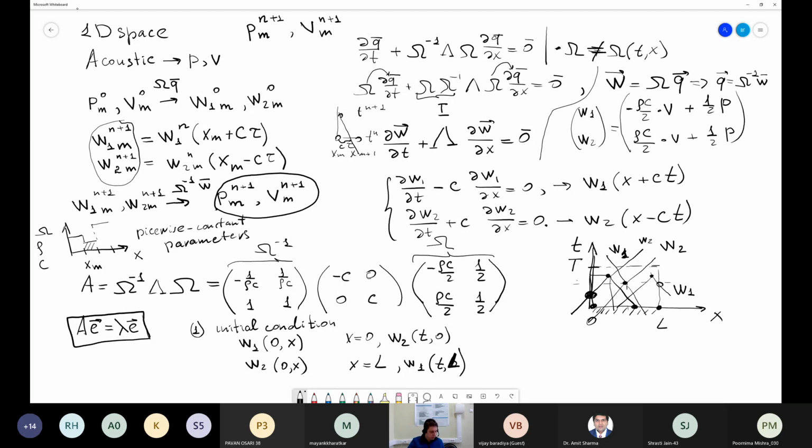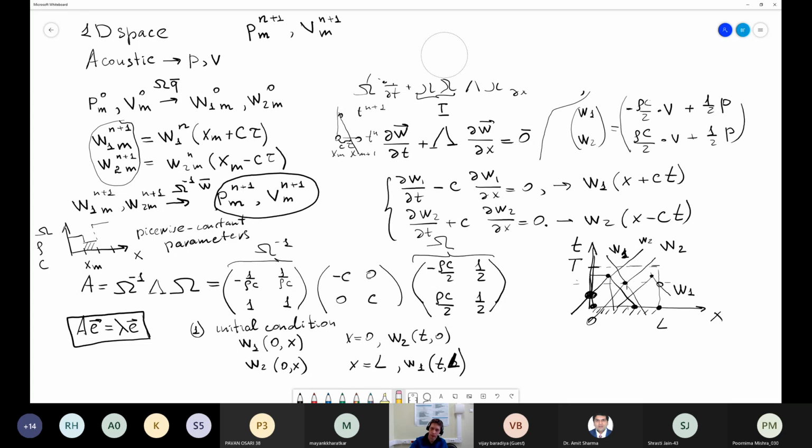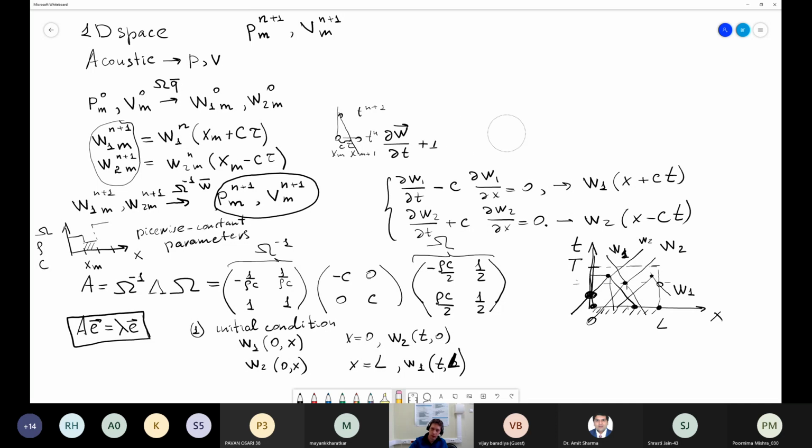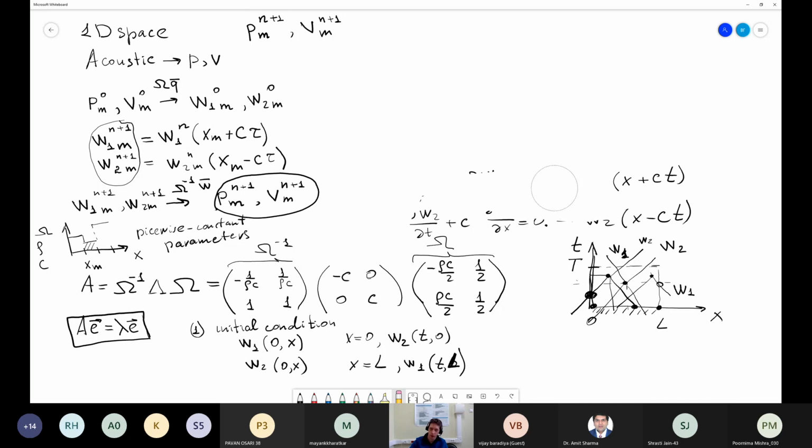What will we do? Initially, we will discuss how to introduce the boundary condition in our algorithm, because we will use the same mechanism to introduce the discontinuity inside our parameters.